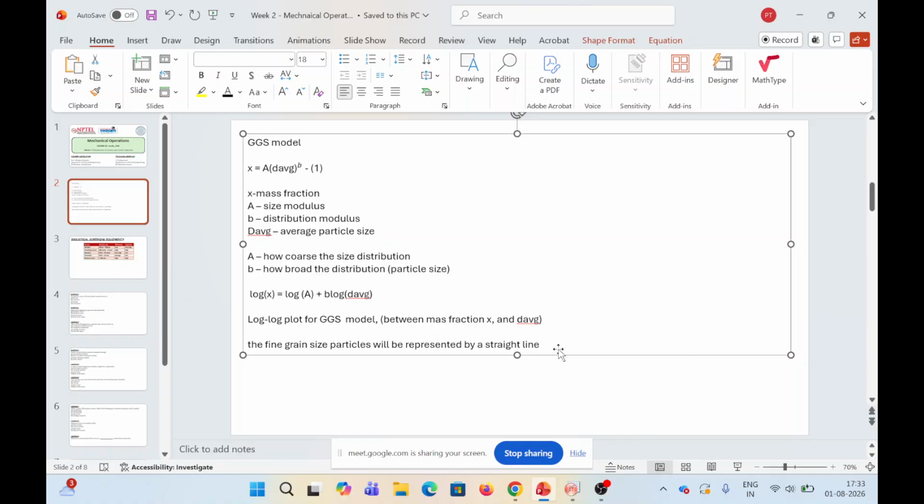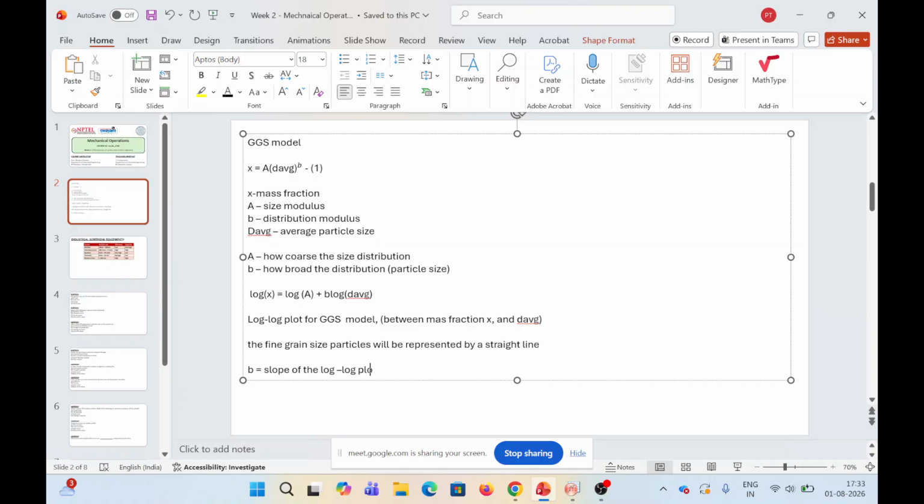Based on that, B is nothing but the slope of the log plot. And since you know the values of B and D average, you can calculate the value of A.